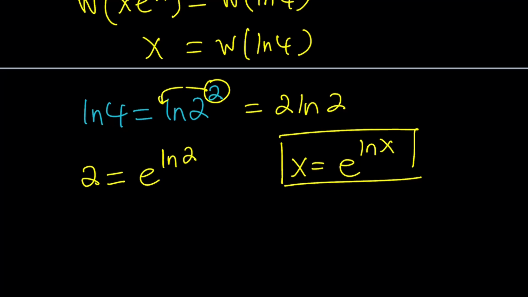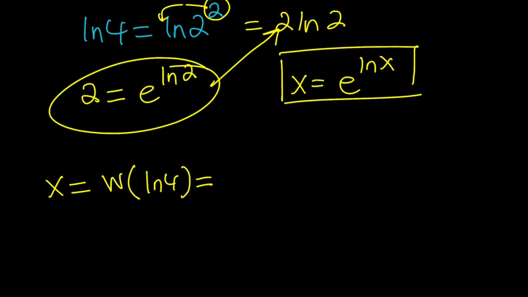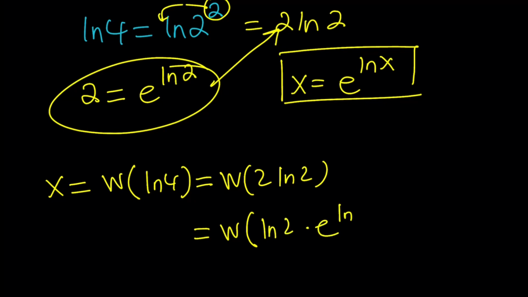So let's replace 2 with e to the ln 2 here. We get the following: x equals W of ln 4, which is equal to W of 2 ln 2, which is equal to W of e to the ln 2 times ln 2, but I'm going to write it as ln 2 times e to the ln 2 because it's the same thing.